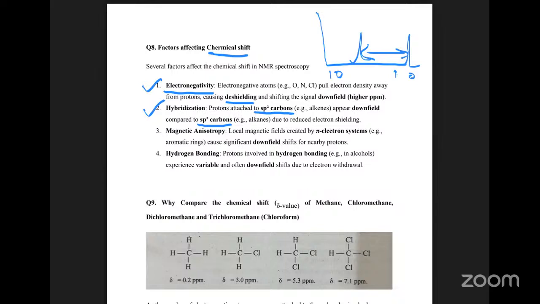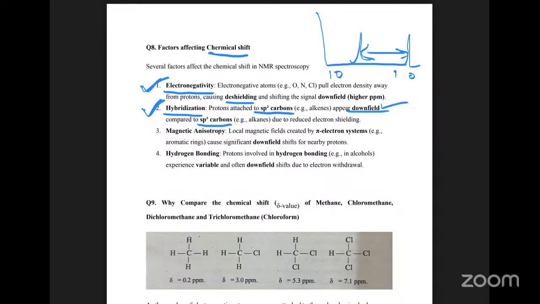And obviously if there is more s character, there will be a higher del value. So this is another effect. Anisotropy also supports the hybridization process, which we'll talk about later in detail. But electronegativity is one thing, another is hybridization. The more the s character, the more electronegative, so the higher the del value, and they will be deshielded.